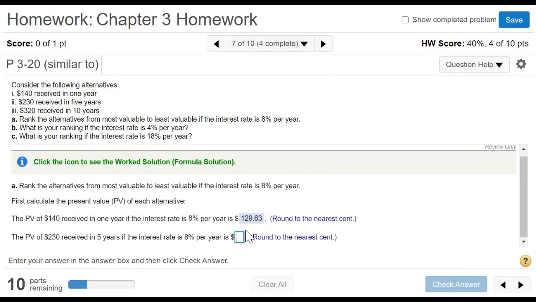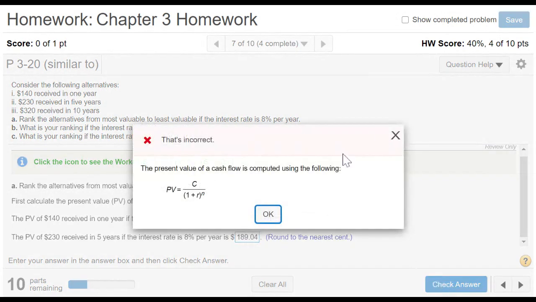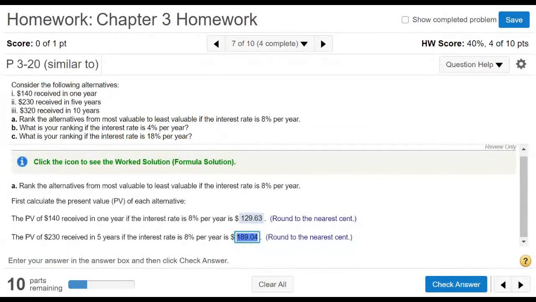Next. I got 189.04. Professor, it is 156.53.